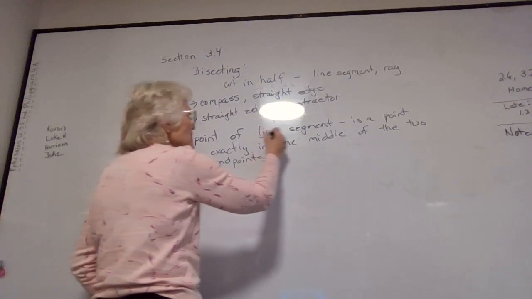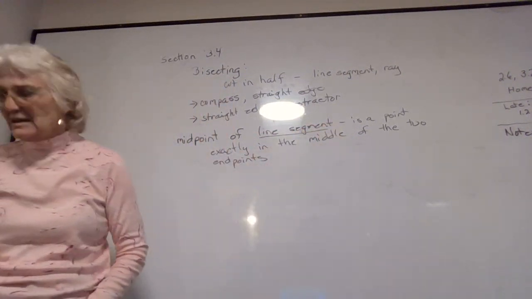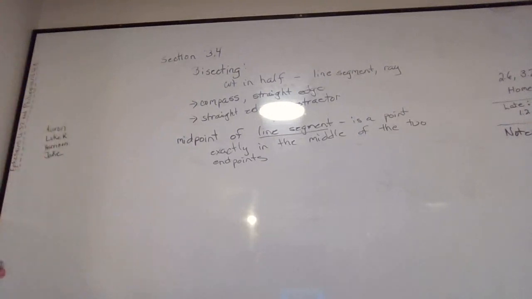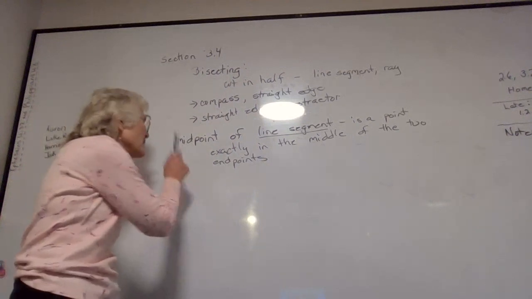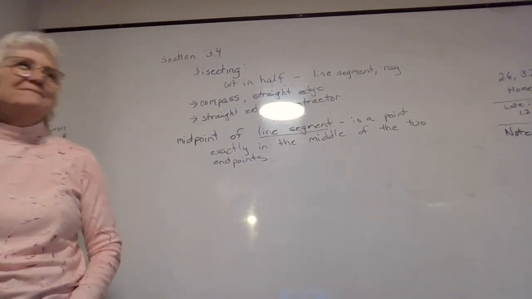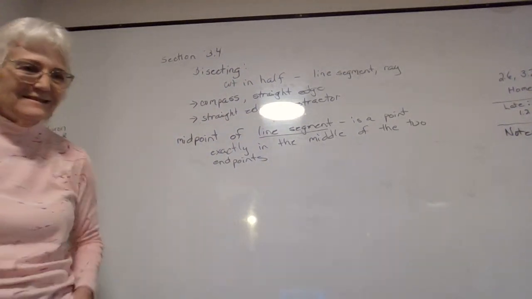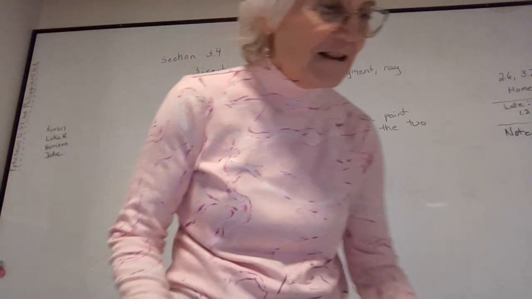So it basically says you're starting with a line segment. We find the point that is exactly in the middle of the two endpoints, and that's what is called a midpoint. A midpoint is always the point exactly in the middle. It kind of tells you what it is. Point in the middle. Midpoint. It makes sense.